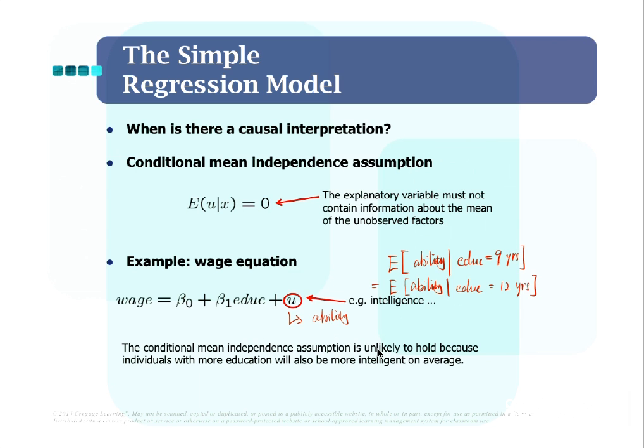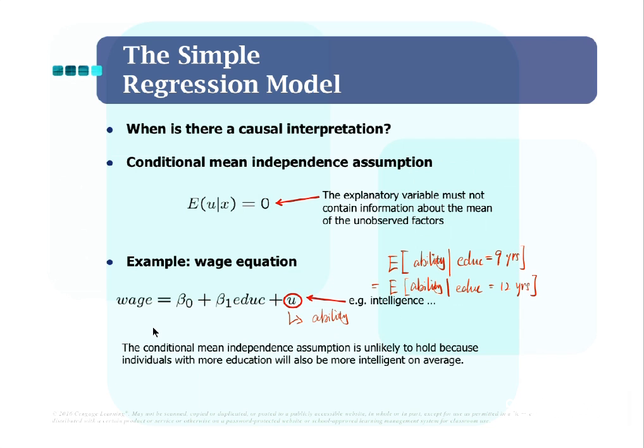And if this assumption is violated, it's very difficult to identify this beta 1. Suppose when someone's education is higher, then the ability is also higher, so you get a higher wage. But when someone's education is lower, his or her ability is lower as well, so his wage is further lower.